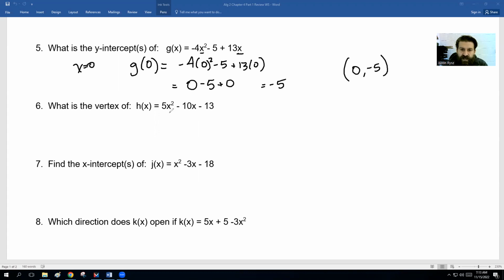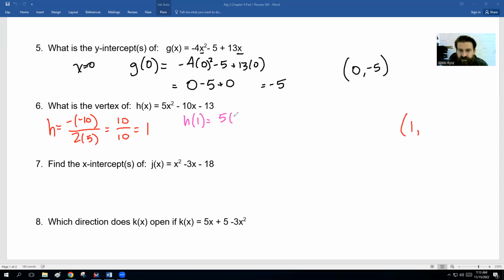All right, what is the vertex? Okay, this one is not given to us in vertex form, so we do need to find the h, which is -b over 2a, which is 5. So that's a positive 10 over 10. 10 divided by 10 is 1. So our vertex is going to be at 1 something. We're now going to plug that number in for x.